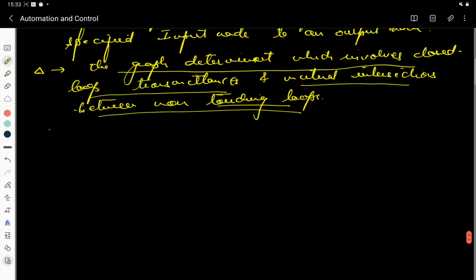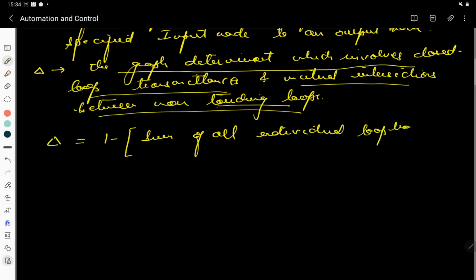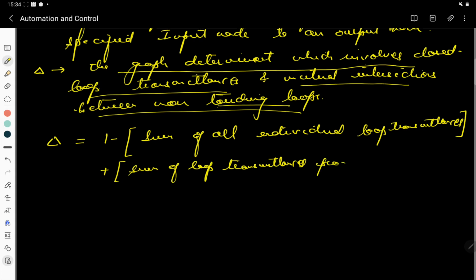Okay, so delta is given by 1 minus the sum of all individual loop transmittances, then plus the sum of the products of loop transmittances of all possible pairs of non-touching loops.